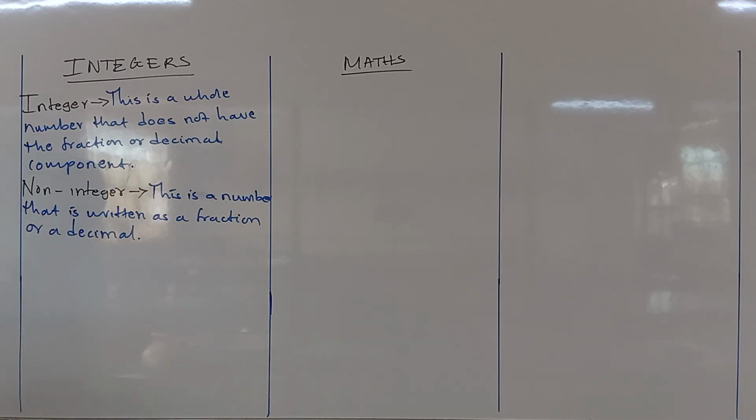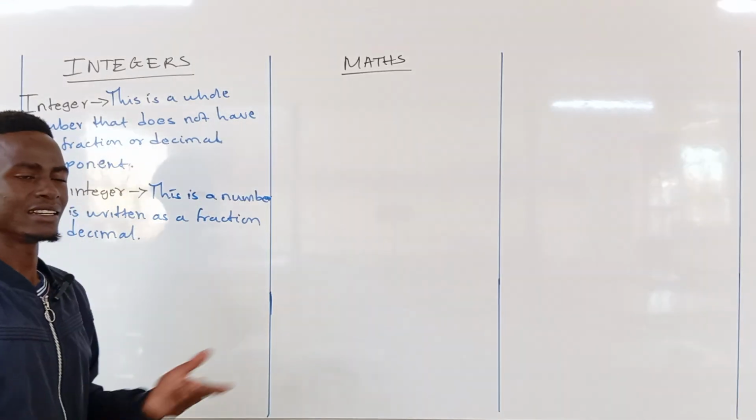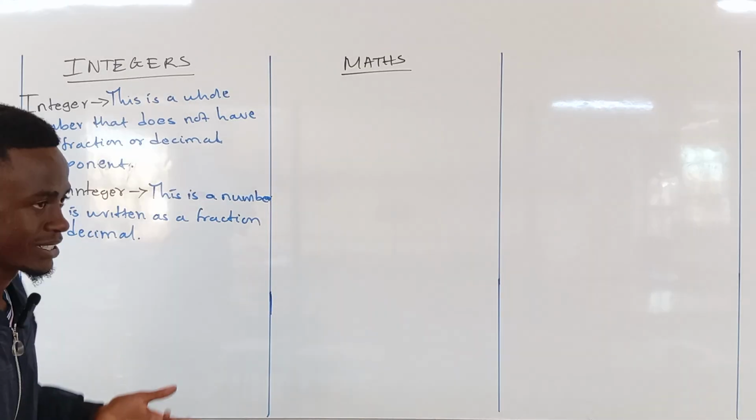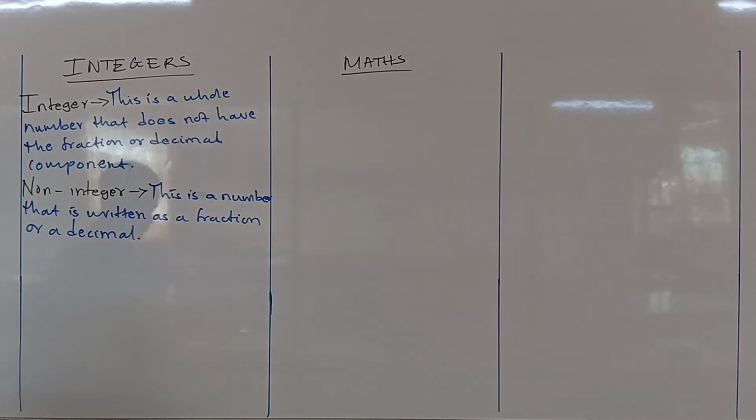So in this case, we can have an integer, we can also have a non-integer. And in this case, you are going to get an examiner asking you, especially in the identification part, to identify what is an integer and what is not within a given set of numbers.